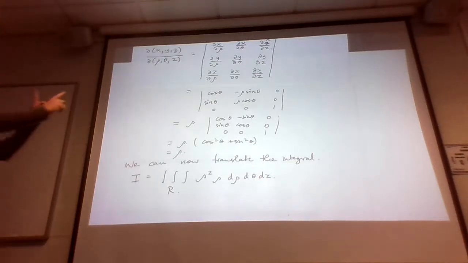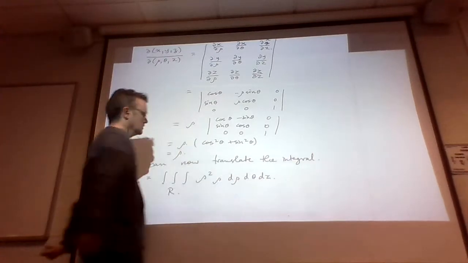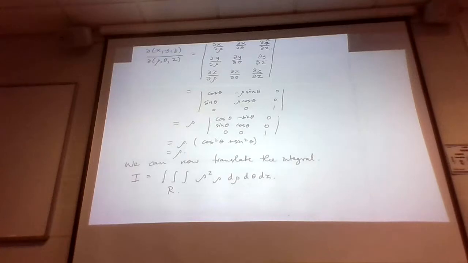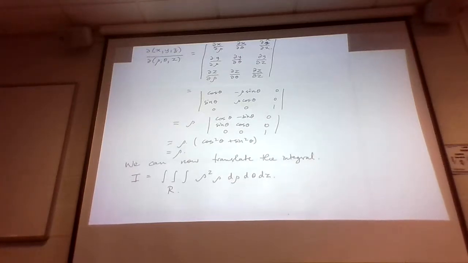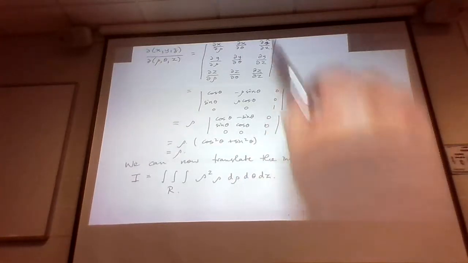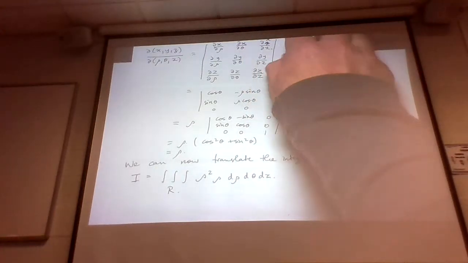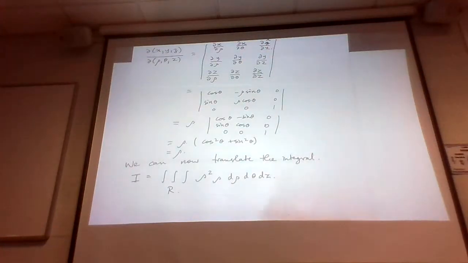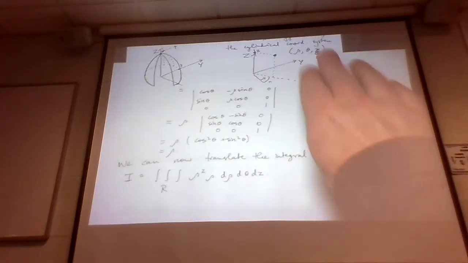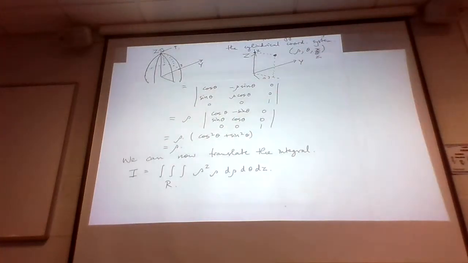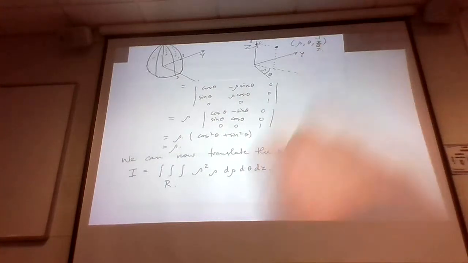Or you could say absolute value of rho, because that's what the formula calls for, the absolute value of the Jacobian, except rho is by definition a positive quantity. So it's the length of the projected radius. So it only ever is a non-negative quantity, so it doesn't require absolute value signs.